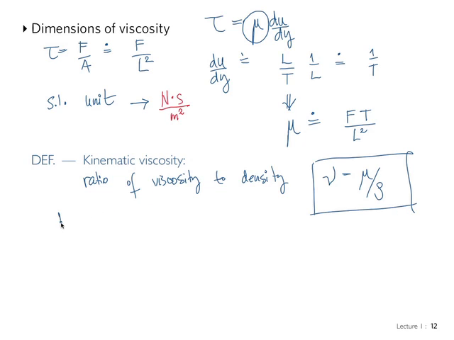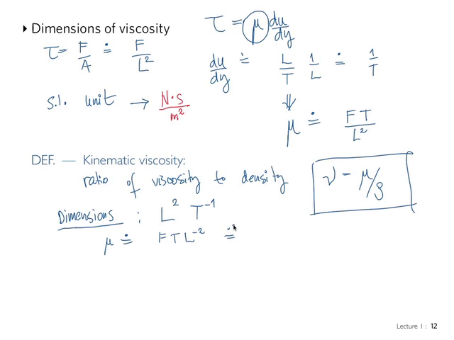So the dimensions of this are, I'll just write this down, length squared times time to the minus 1. And if we want to derive it, well, we already derived the dimensions of mu, and they are here: force, time, length to the minus 2.